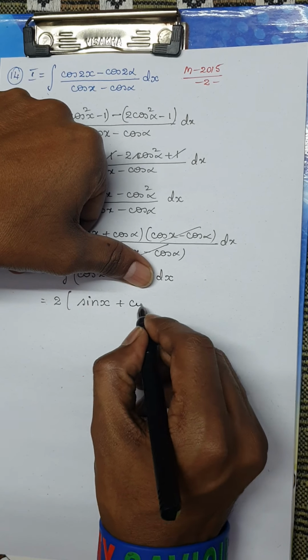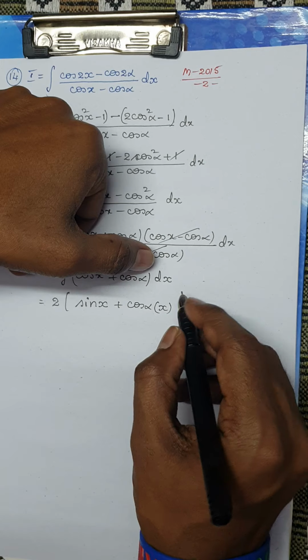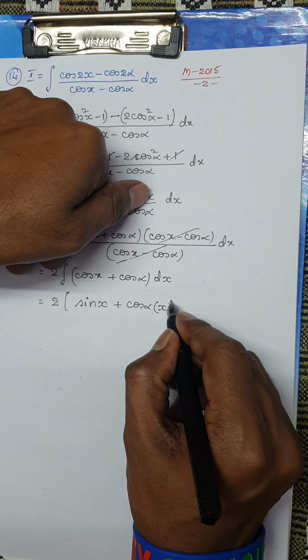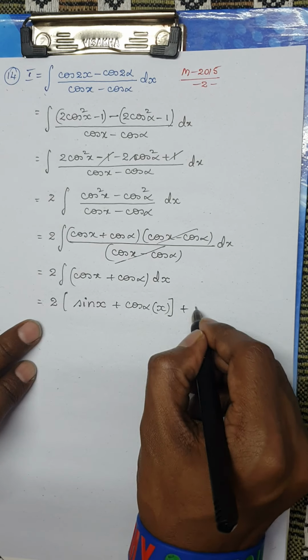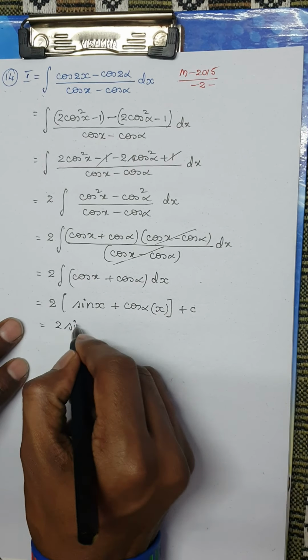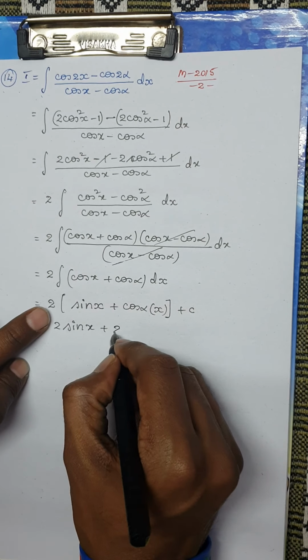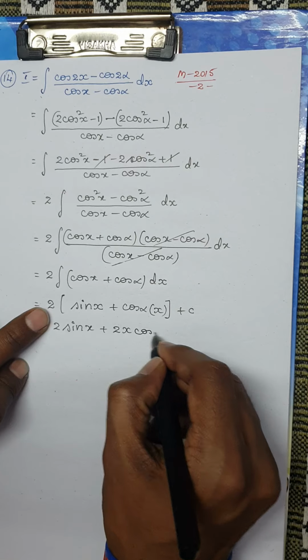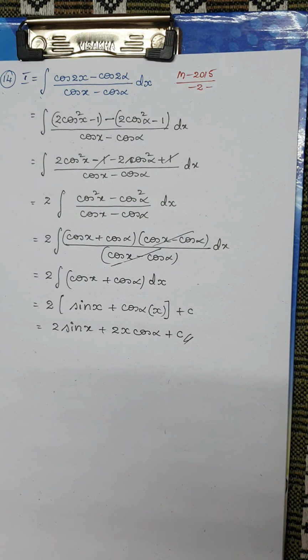The integral of 1 dx would be x. Remember, it is cos alpha into x plus a constant of integration, or else you can write it as 2 sin x plus 2x cos alpha plus c as the constant of integration.